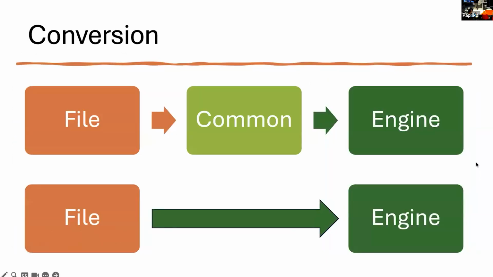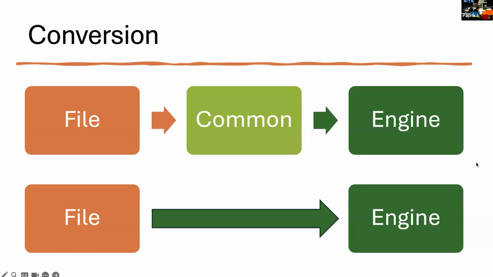So what we have been thinking about is how to make this happen in a generic way, how to really read the data from a file and arrive at the engine. Every engine has its own in-memory data format.